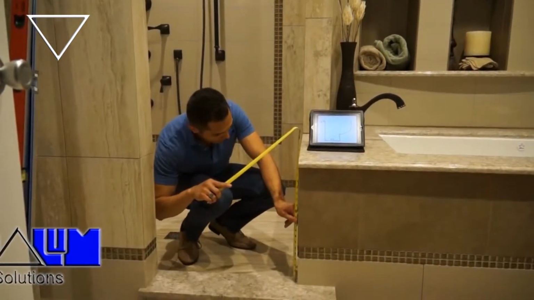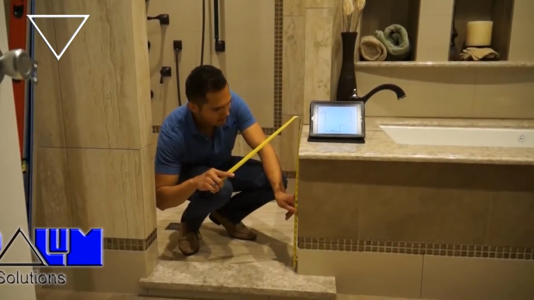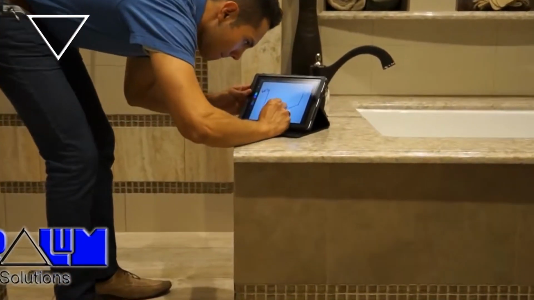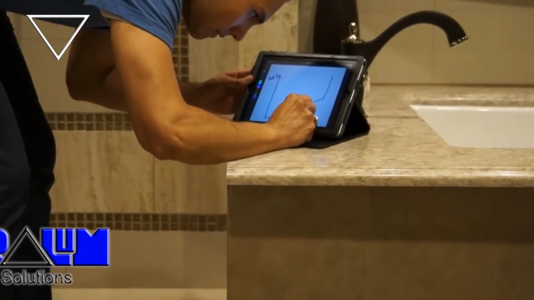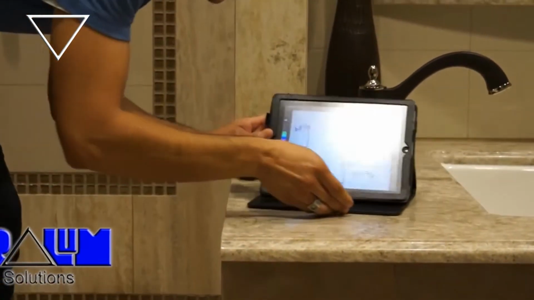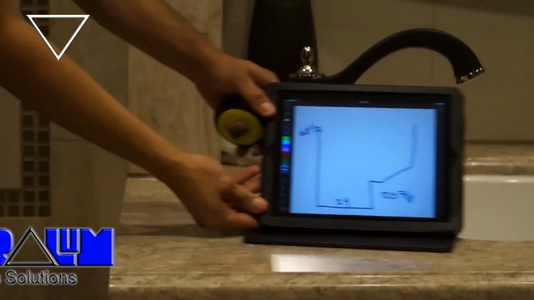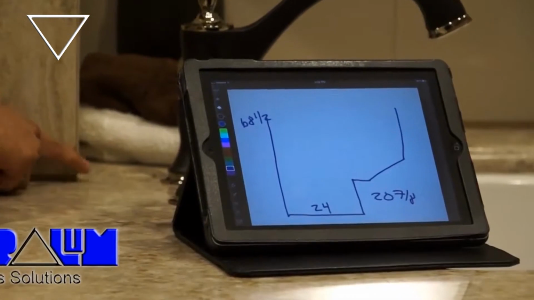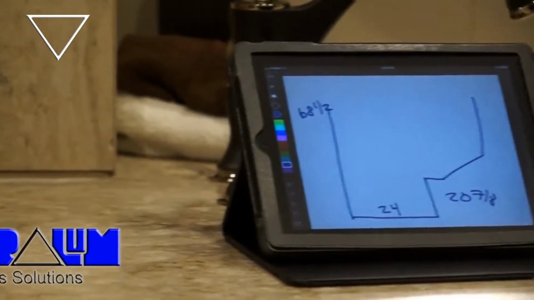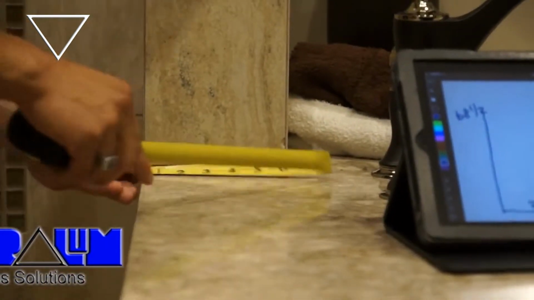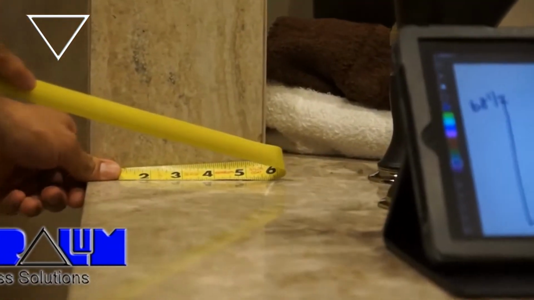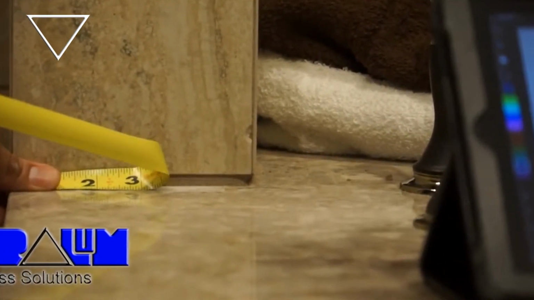So this measures 20 and 7/8. Now something we want to do is leave the glass in the middle of the wall. So I'm going to see what this measures. This is 5.5. So I'm going to take it to 3 inches.